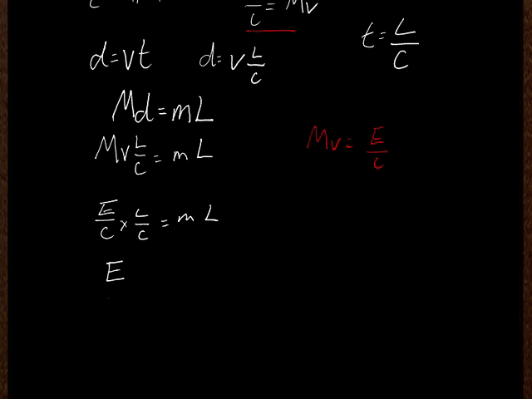So we're then left with E over c squared, I hope you don't mind me combining those two c's there, they're effectively two c's multiplied together as denominators, is equal to m. And it's very easy to see where this is going. If we bring the c squared up to the top, times both sides by c squared, we end up with the equation E equals mc squared.